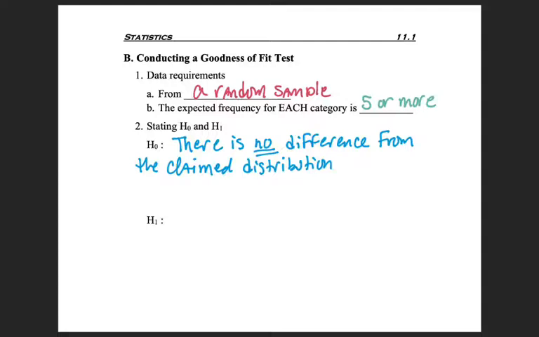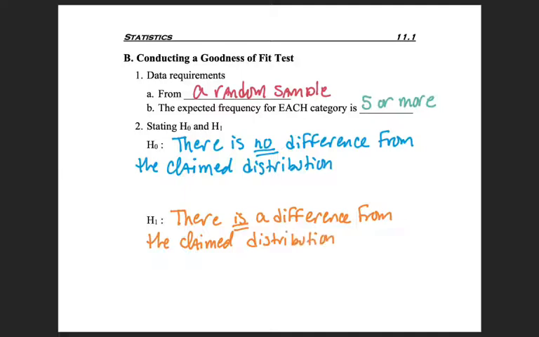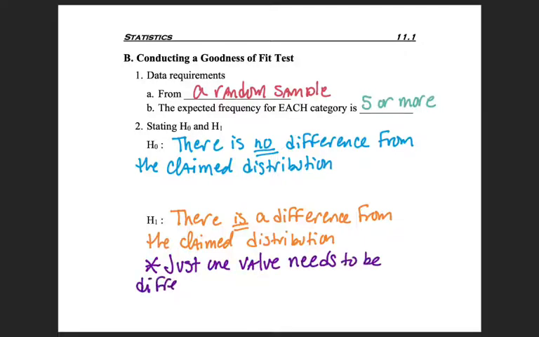And then when it comes to H1, the alternate hypothesis, there is a difference from the claimed distribution. So maybe the distribution is not normal, is not uniform. And just one value needs to be different, not all the values.